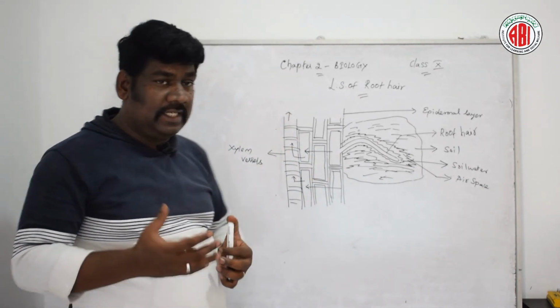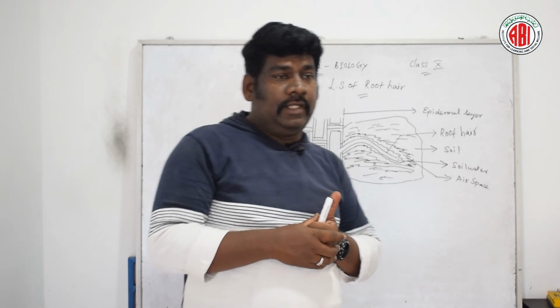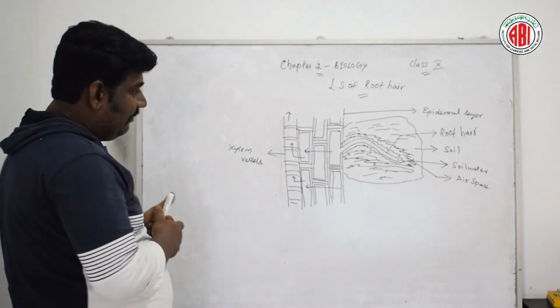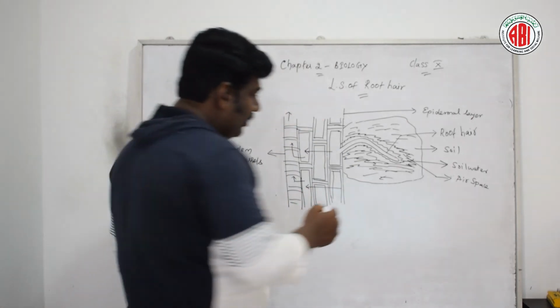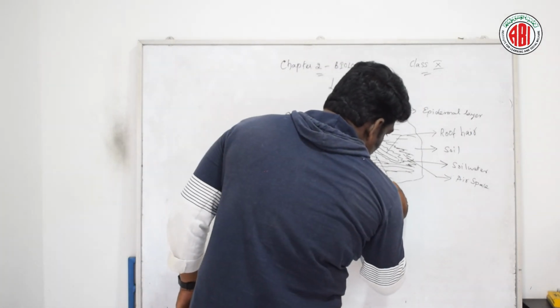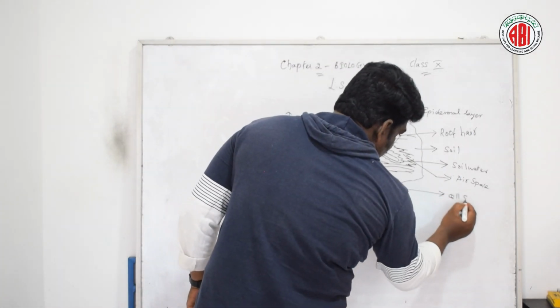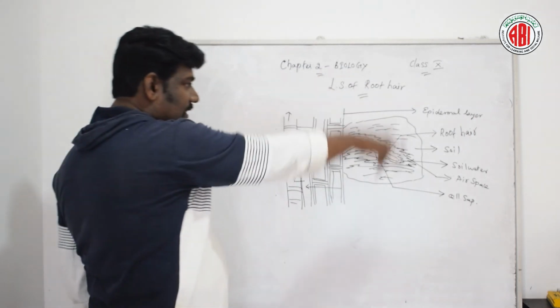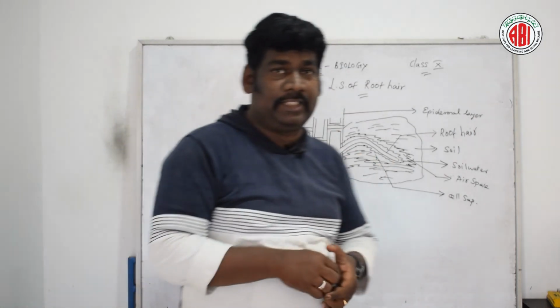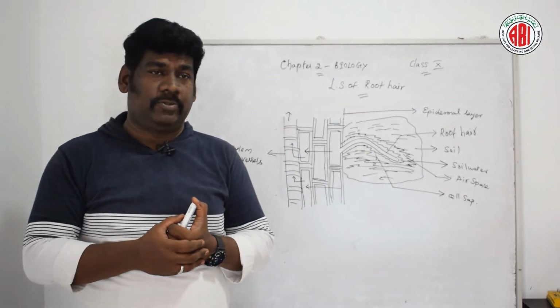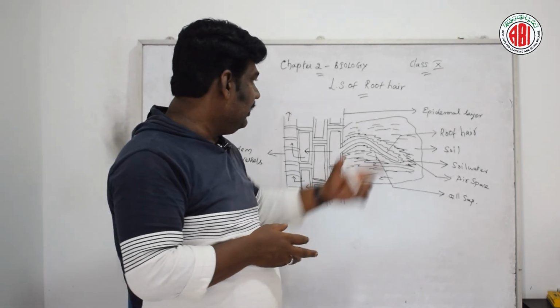So xylem vessels are conducting the water. And cell sap is also a very important part. So this structure may also be an expected diagram based question. We should remember all these parts.